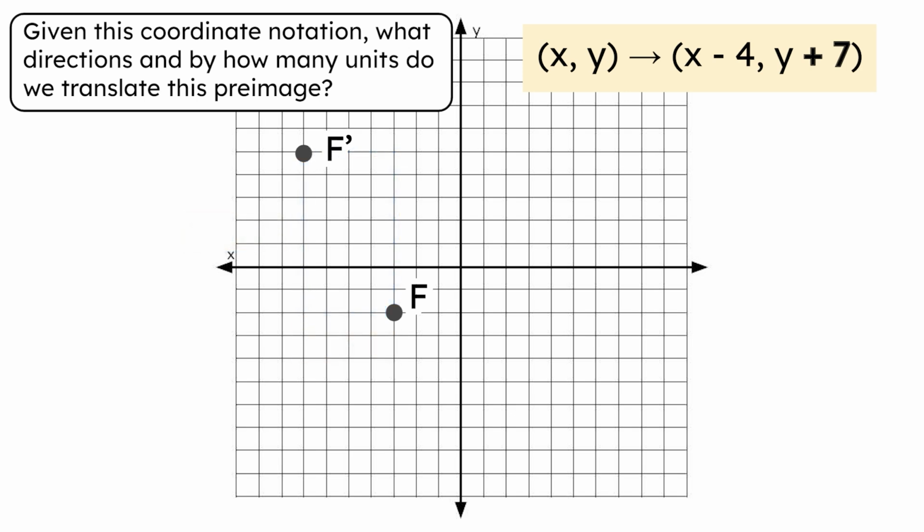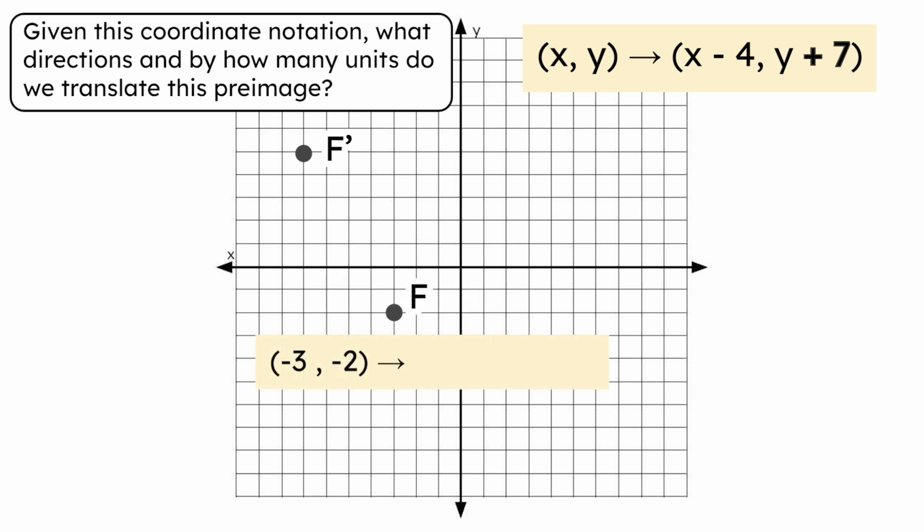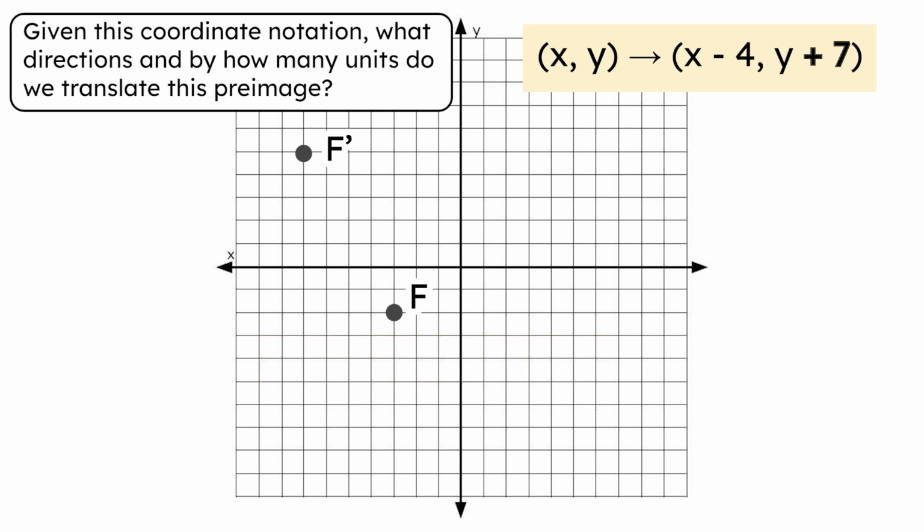To check whether point F prime is in the correct location, we can first take our original coordinates, which are -3, -2, decrease the x-coordinate of -3 by 4, and increase the y-coordinate of -2 by 7, resulting in a final coordinate of -7, 5. And that matches the location of point F prime.